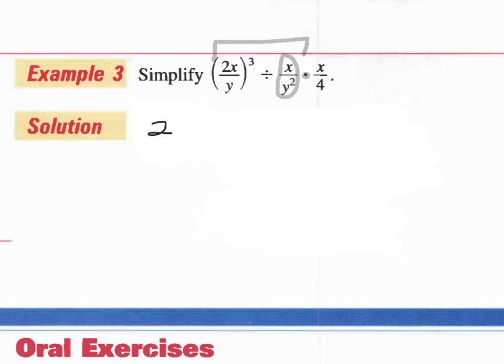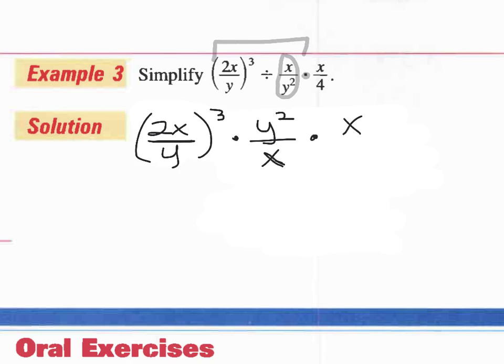So 2x divided by y raised to the 3rd power. And then I'm going to change this to multiplication, flip it upside down, and then just rewrite the last fraction. So now if you want to expand it out, you can. Remember, we need to first apply this exponent.